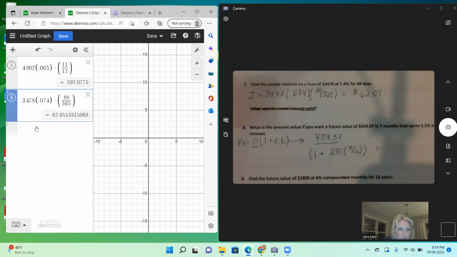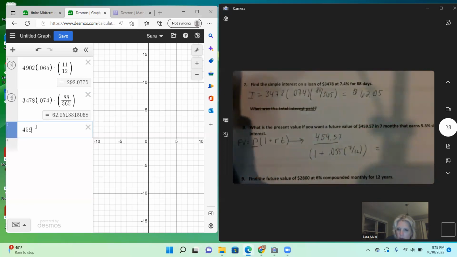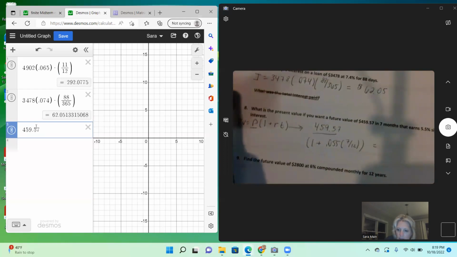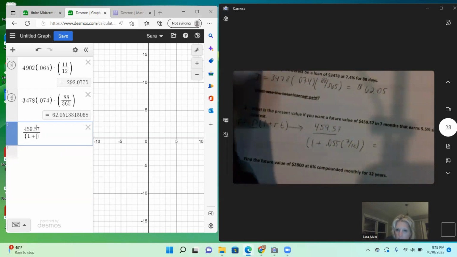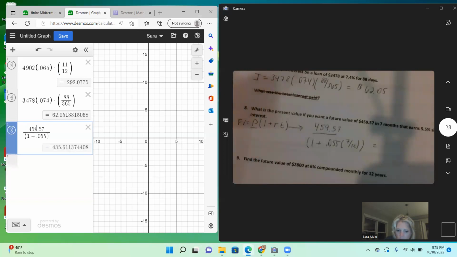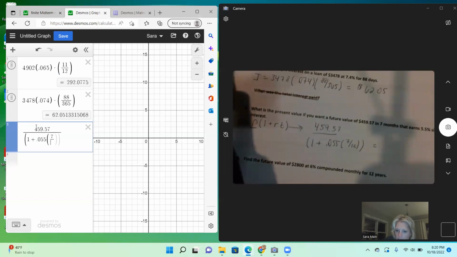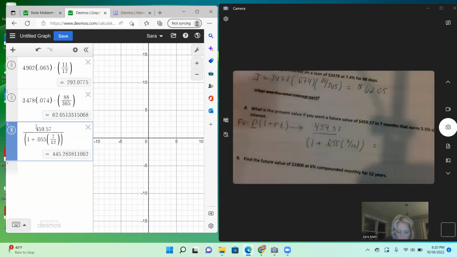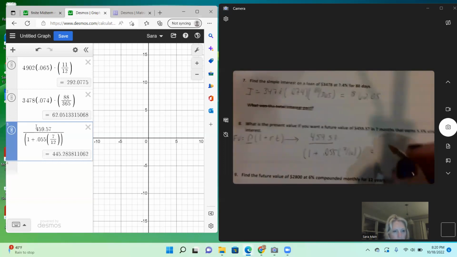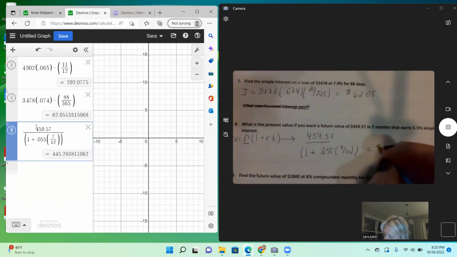So we need to know what we need to invest. So 459.57 divided by 1 plus 0.055 times 7/12. So we have to put in $445.28.